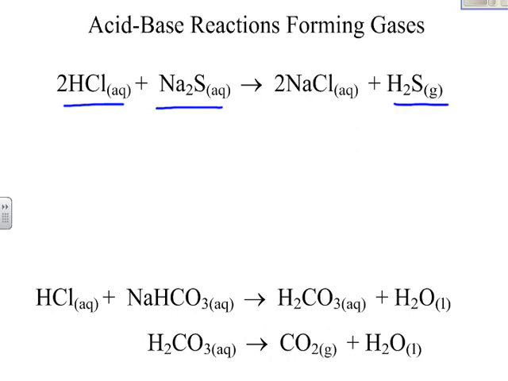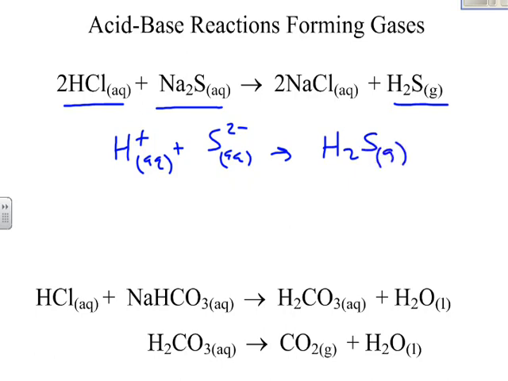And here the chloride and the sodium ions would be spectator ions, so we would have a net ionic equation of hydrogen ion reacting with sulfide ion, forming the hydrogen sulfide gas.